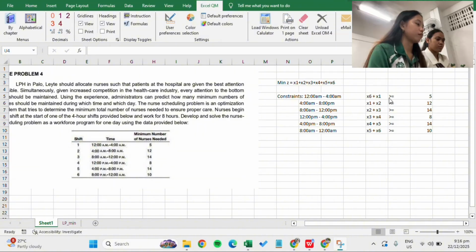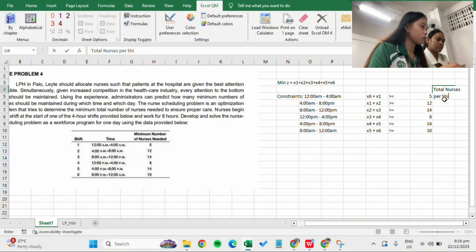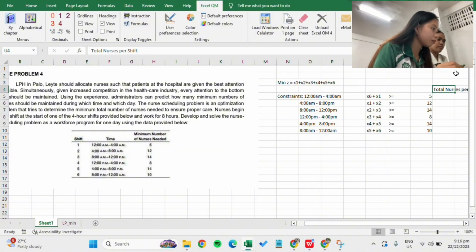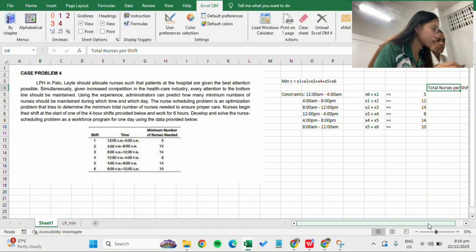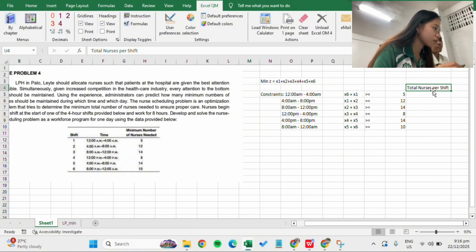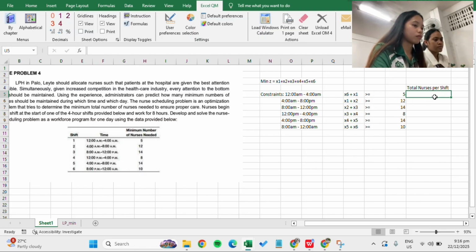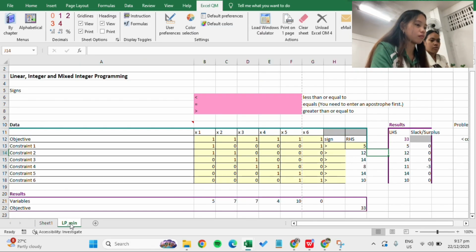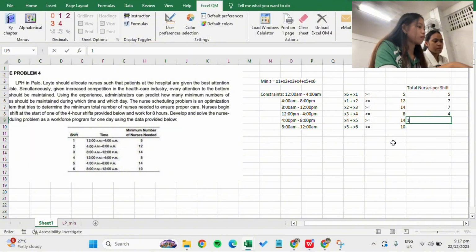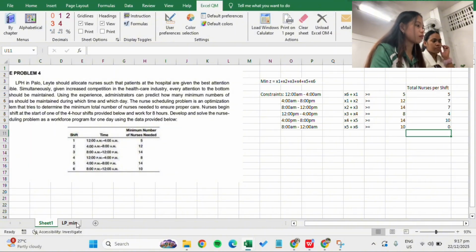Next, put the total nurses per shift. The objective is 33.